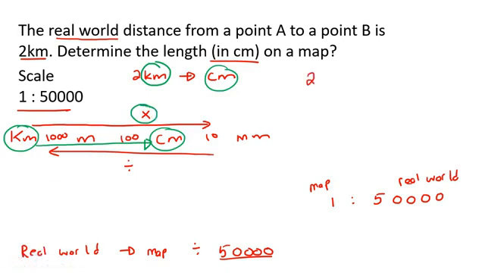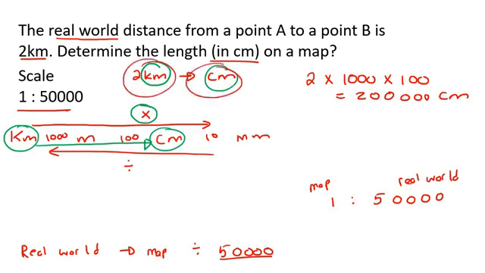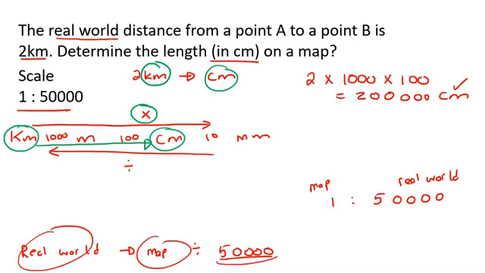So we will say 2 multiplied by 1,000 multiplied by 100. If we calculate that, that'll give us 200,000 centimeters. That is also the real world length; we just changed it from kilometers to centimeters. So now we have the real world length in centimeters. To go from the real world to the map, you simply divide by 50,000.